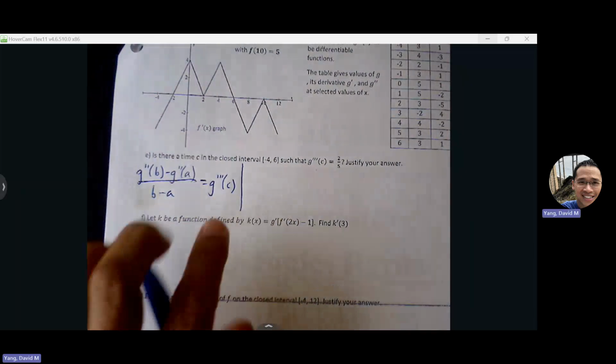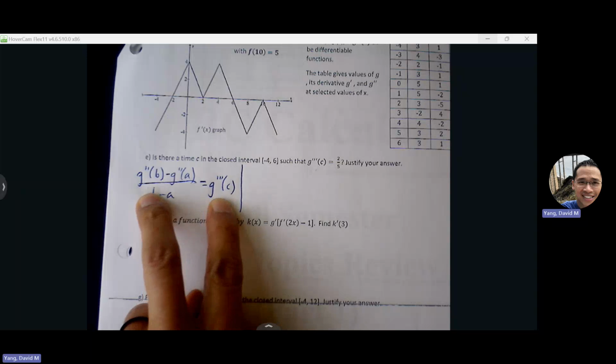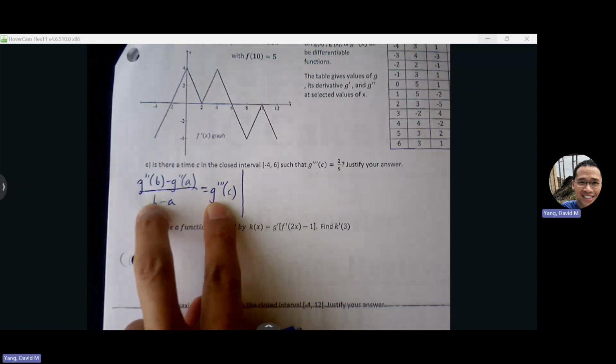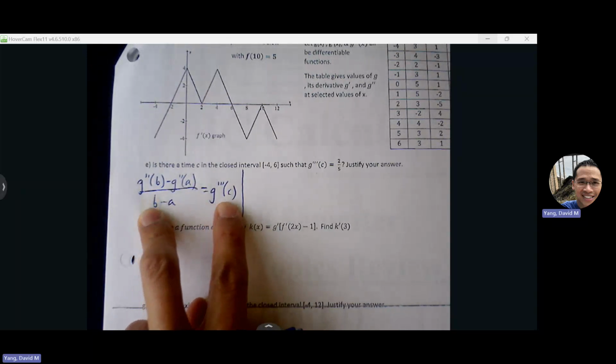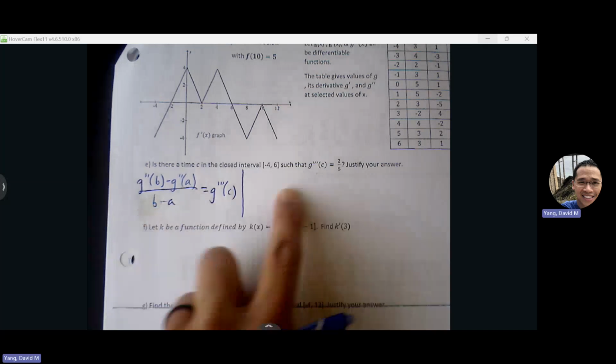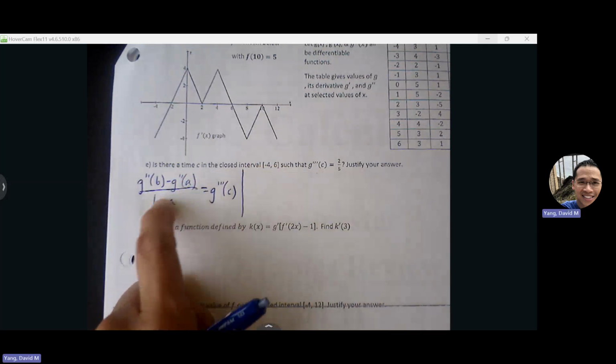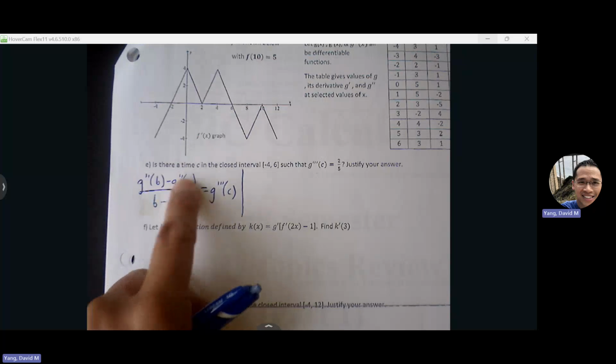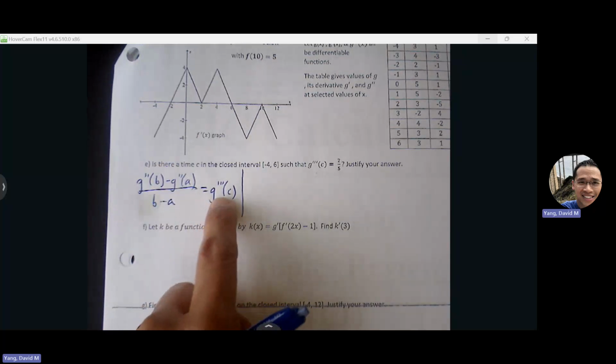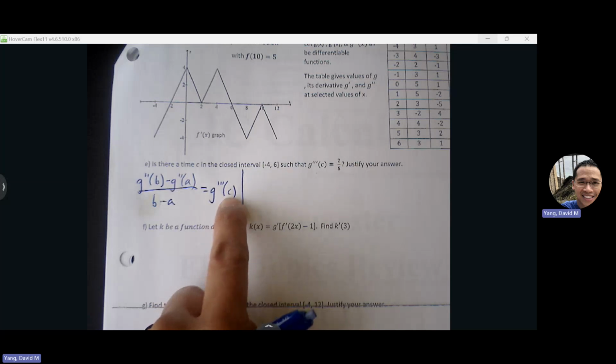Right. So we're just taking mean value theorem and just adapting it to further derivatives down. And we just see if this is true. See if we can find a slope between two endpoints on the G double prime level that's providing us 2/5. If this slope here is 2/5, then we know that there must be a point on the G triple prime graph that will also be 2/5.